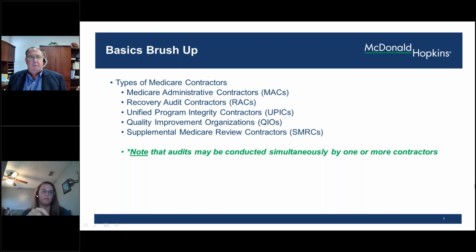And if there's something in one of your services that's there, you can take a look and see the types of activities that CMS is currently focused on, because that typically trickles out into the commercial payers as well. But that's a really good way to see what the focus is, as well as the OIG work plan. That's another area that's a great place to see what's going on.